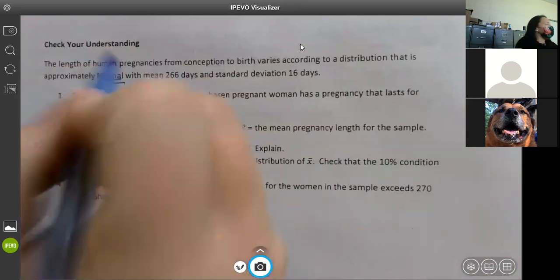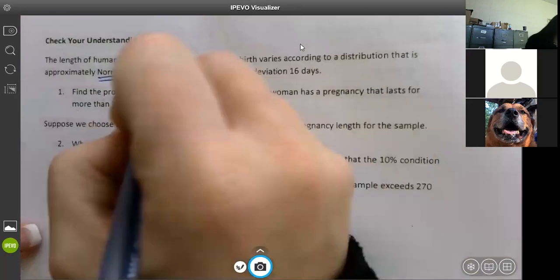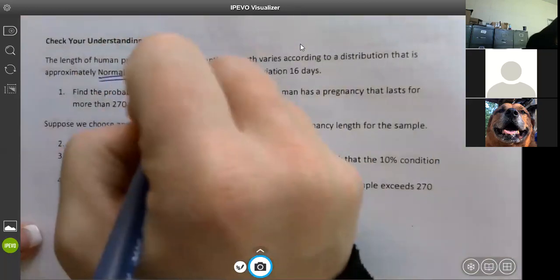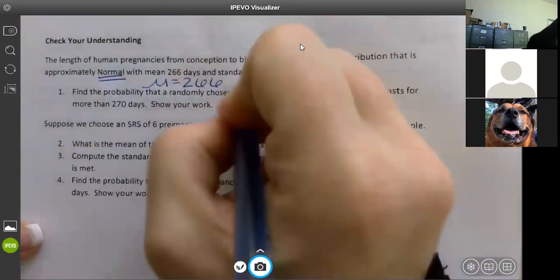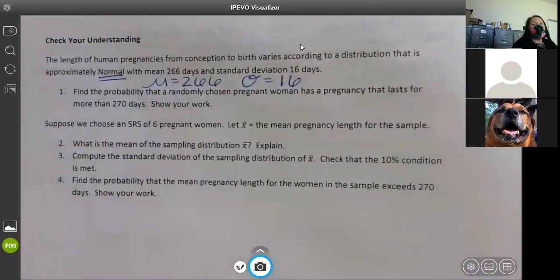So that's important. We're going to use normal CDF or PDF. We have a mean, so that's mu of 266, and a population standard deviation of 16 days. Find the probability that a randomly chosen pregnant woman has a pregnancy that lasts for more than 270 days and show your work.